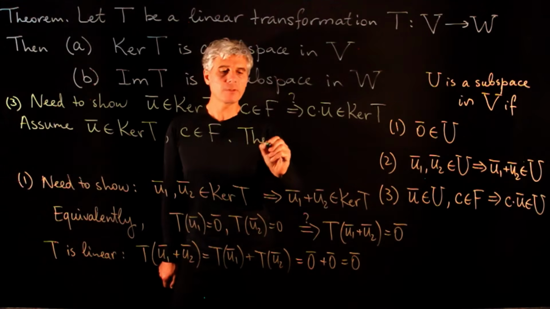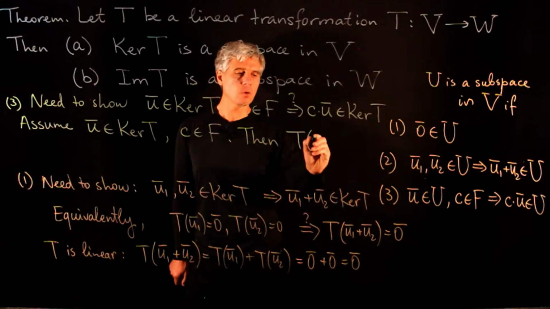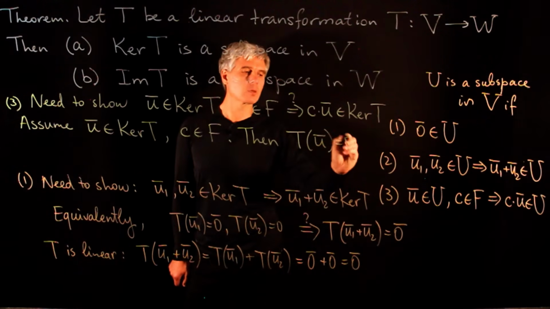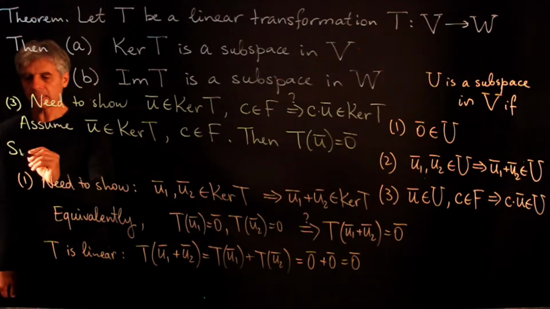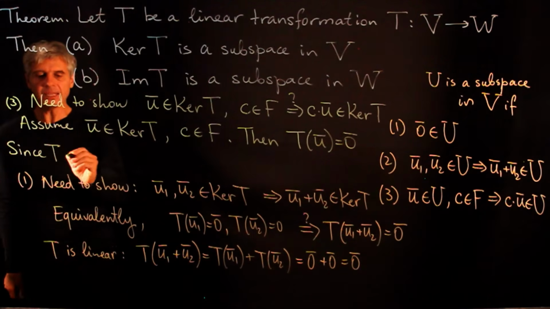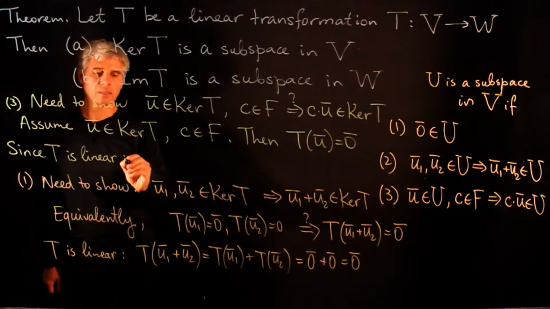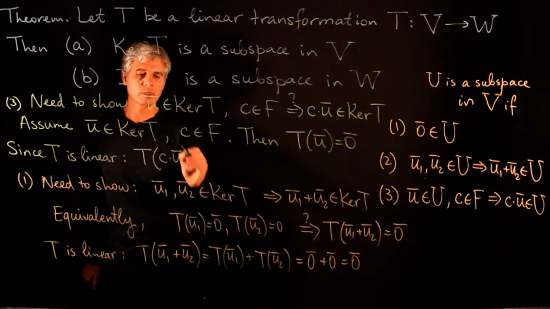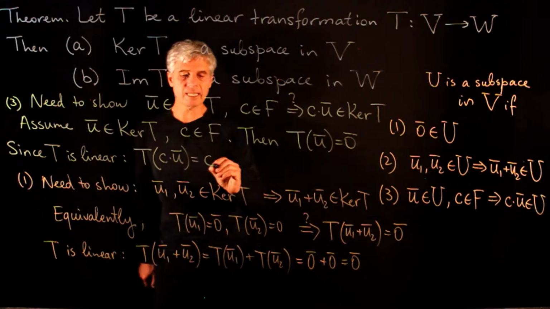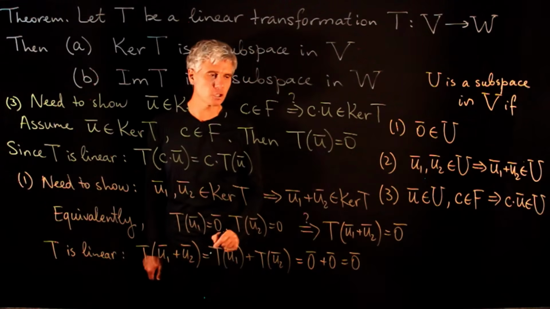So then, by definition of the kernel, we have that T of U is equal to 0. And since T is linear, this tells us that T of C times U is equal to C times T of U. This is one of the properties of a linear transformation.